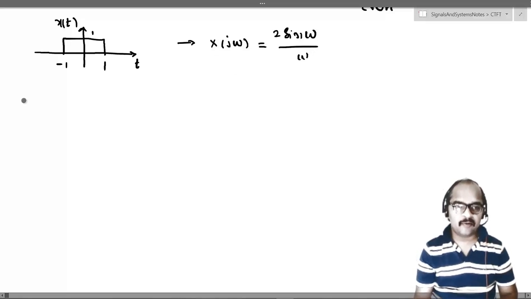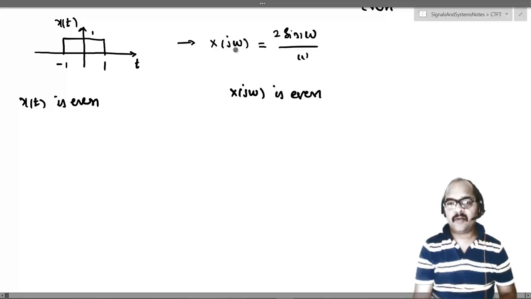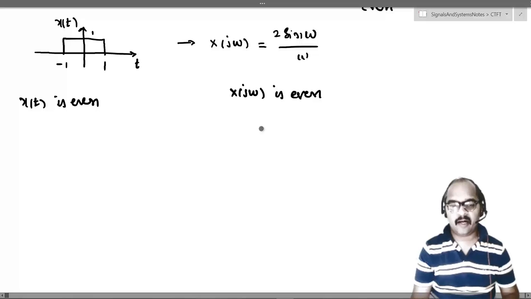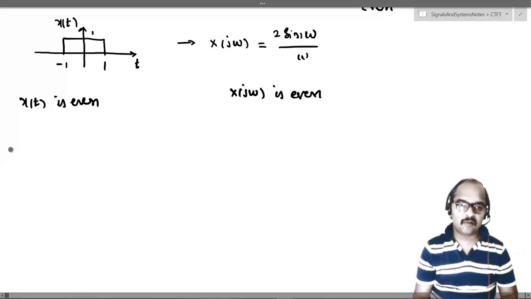So clearly you can see that x of t is even, and Fourier transform x of j omega is also even. Why? If you replace omega with minus omega, you will get again 2 sine of minus omega by minus omega, which is same as 2 sine omega by omega. So if the signal is even, then the Fourier transform is also even.